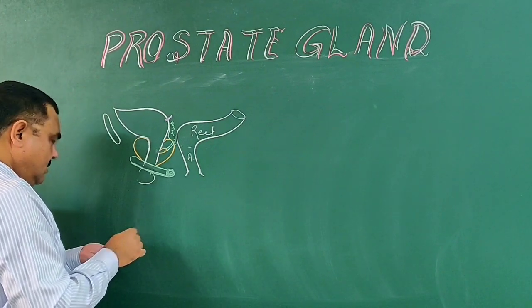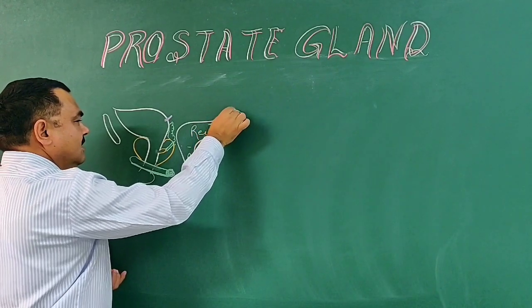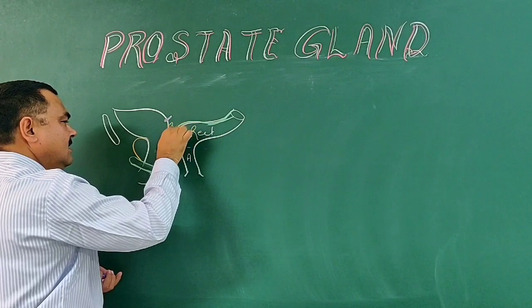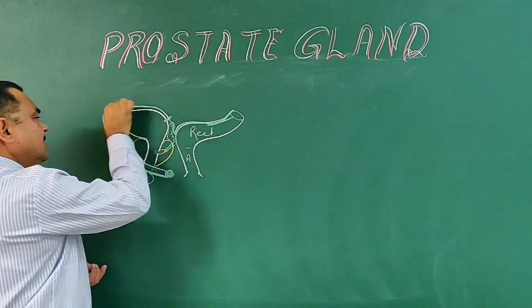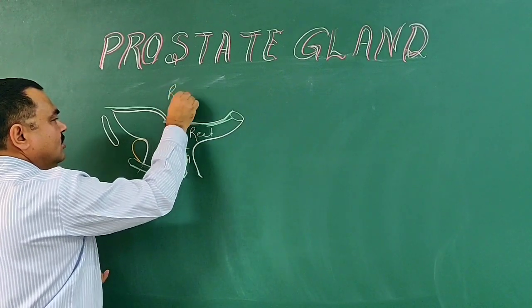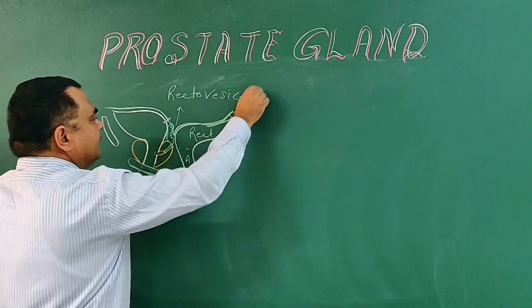So this is the peritoneal covering. A pouch is formed. This is the recto-vesical pouch.